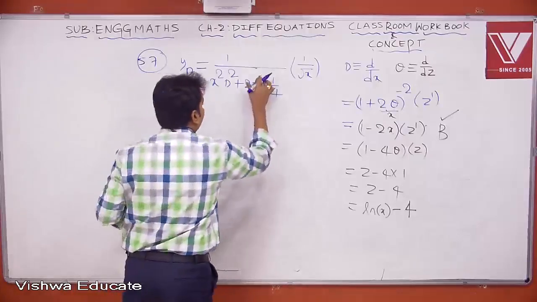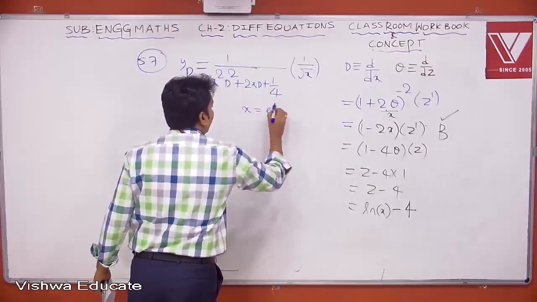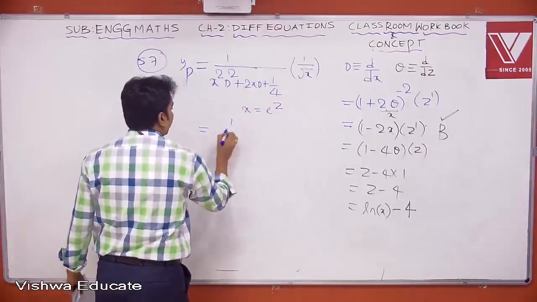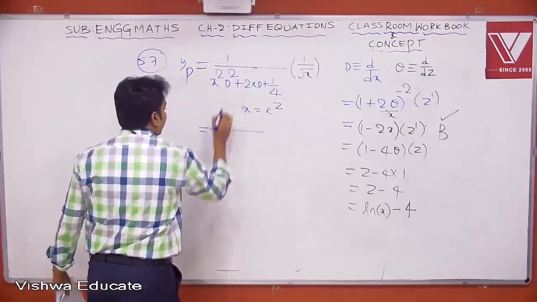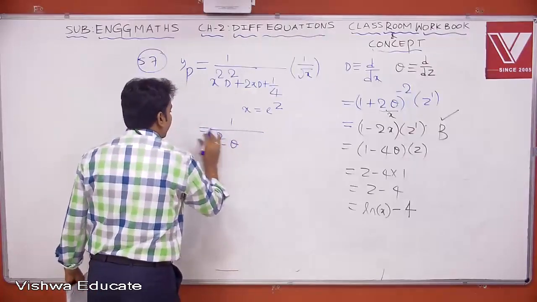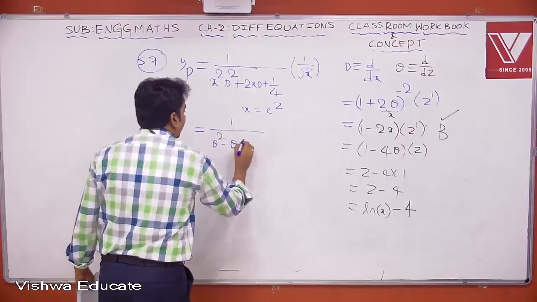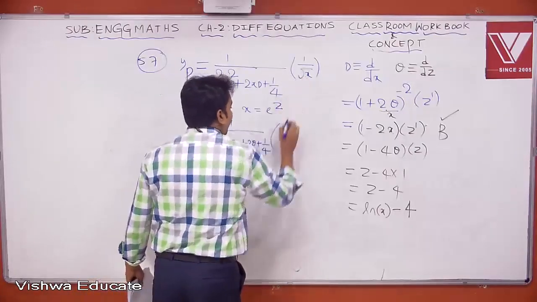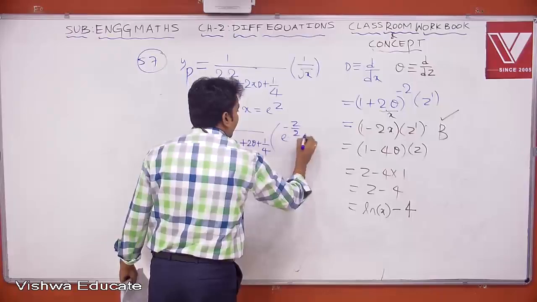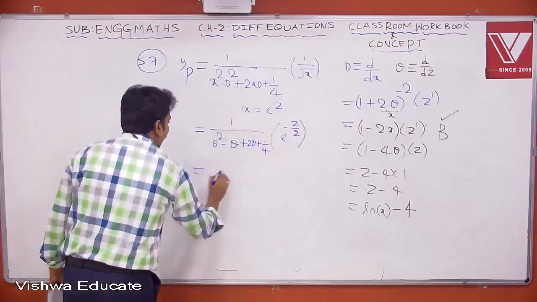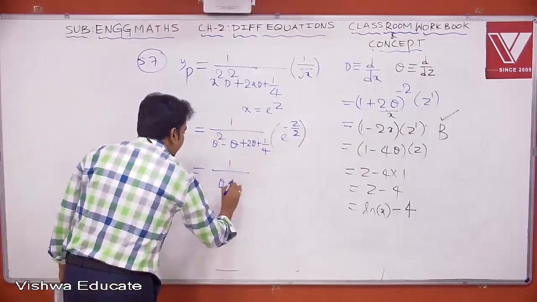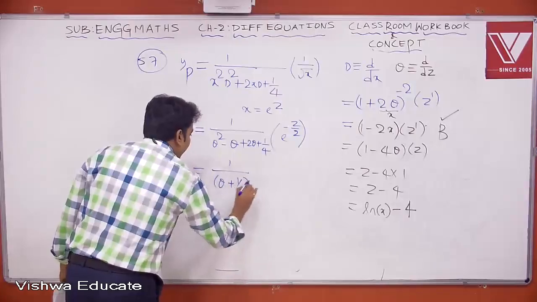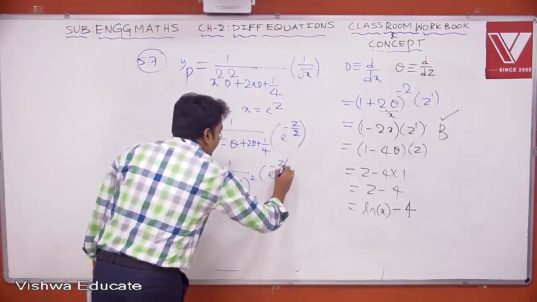Now this is Cauchy's equation, x equal to e^z. Therefore this expression becomes 1 divided by (θ² − θ + 2θ + 1/4) of, when x is e^z, e^(−z/2). So this denominator is (θ + 1/2)² of e^(−z/2).